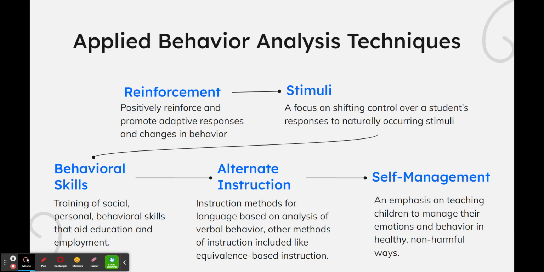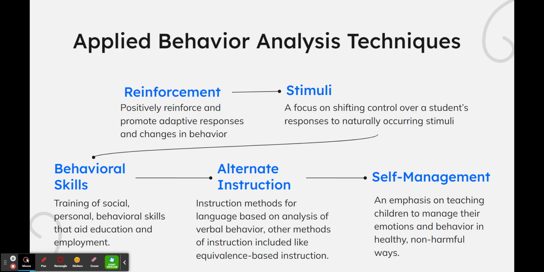We also want to focus on shifting control over a student's responses to naturally occurring stimuli. So what this is talking about is we want them to have control with naturally occurring stimuli rather than having control only through stimuli that we are manipulating so that they are more self-sufficient.